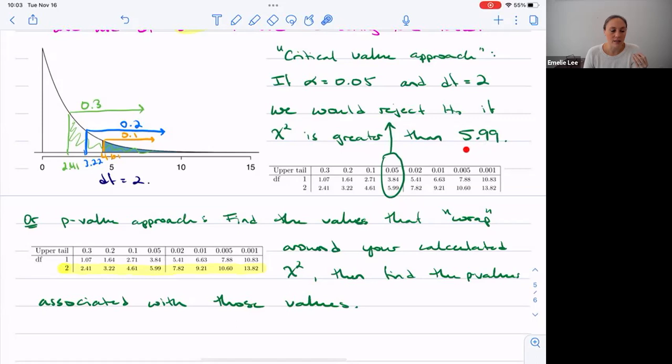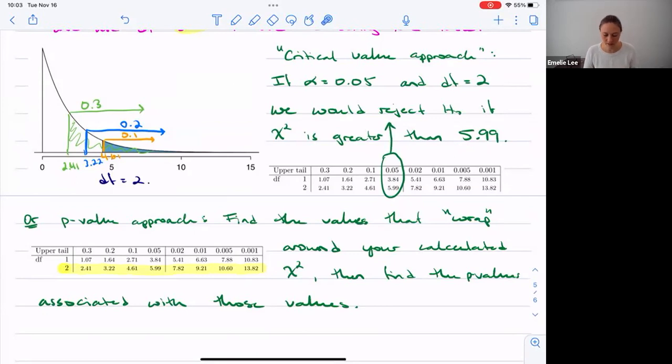But if you have a chi-squared that's past this 5.99, the critical value, we would call this the rejection region, but I don't want to overload you guys.